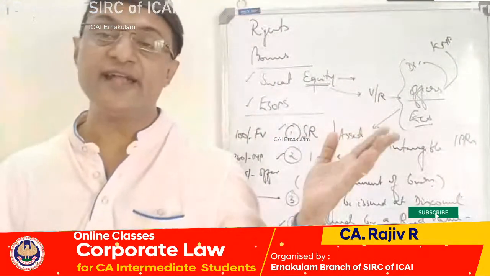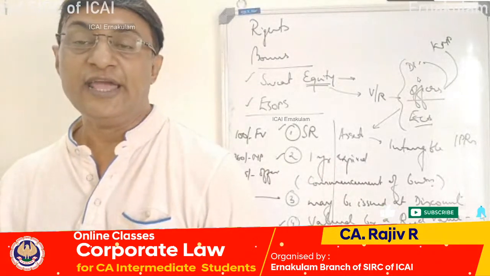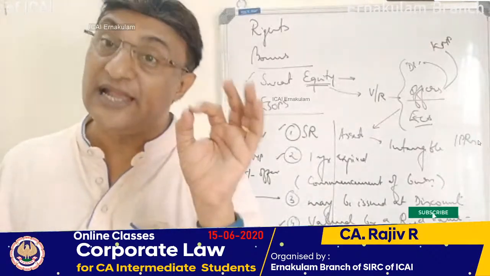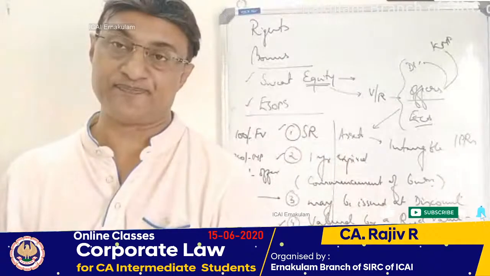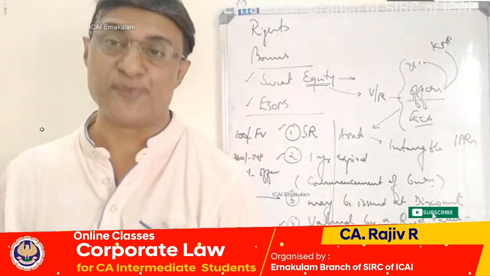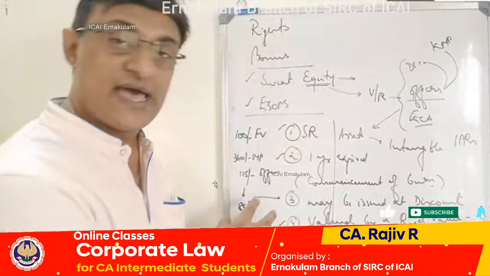So once this director of research and development gets that patent right, in order to allow the company, I'm using my words very carefully, in order to allow the company to get it from the director, to make it as attractive as possible, we are allowing the companies to issue it at a discount.